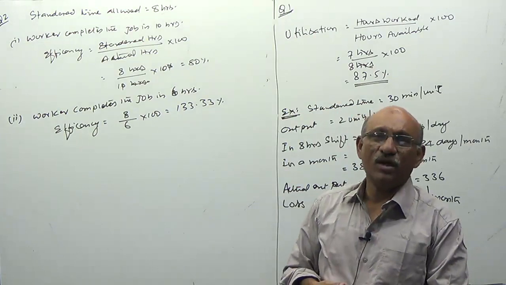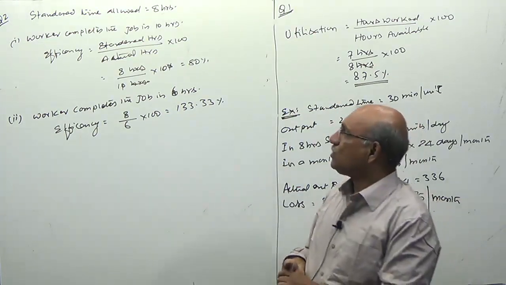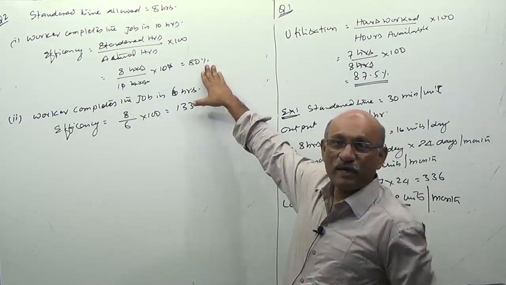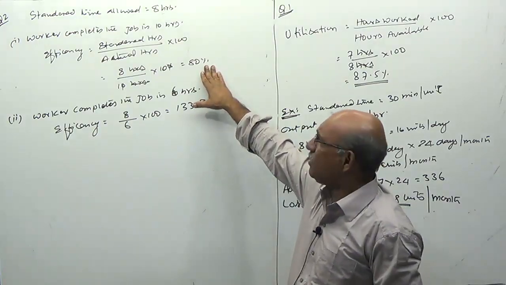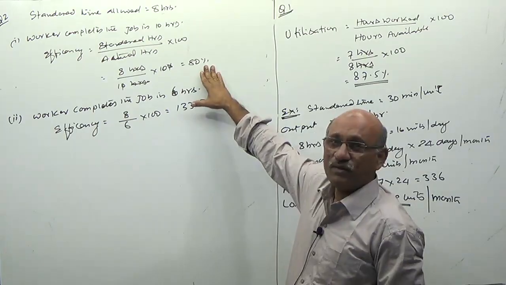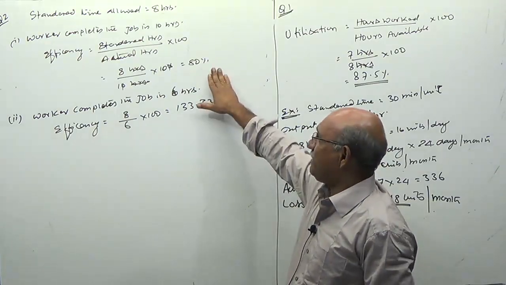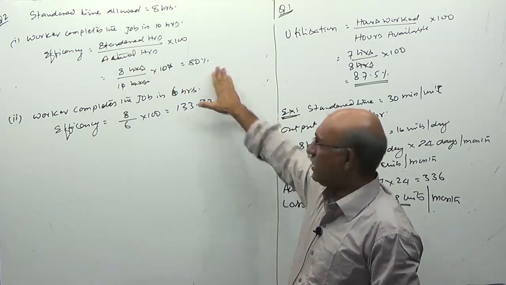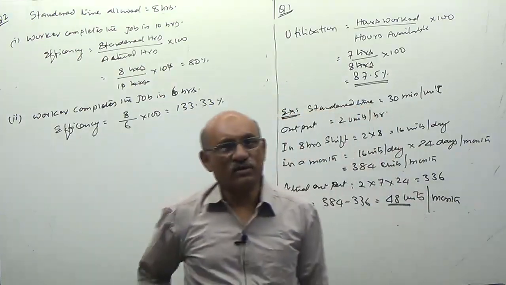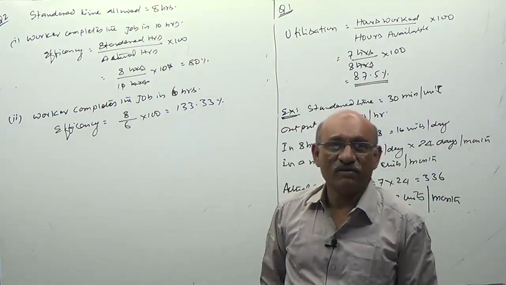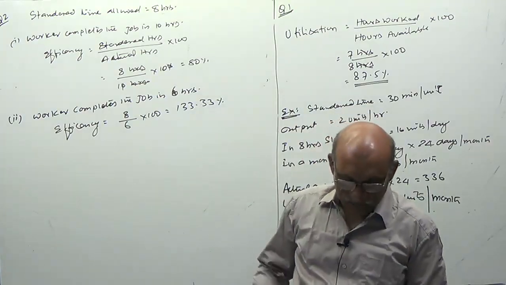Labor productivity is one tool we are having. So in the first case, labor productivity is less, 80%. At 80% efficiency, the worker worked here. Therefore, it is less than the standard, 100% he has not given. Go to the second one. Since he completed the work in 6 hours only, it means the worker has given more than 100%.